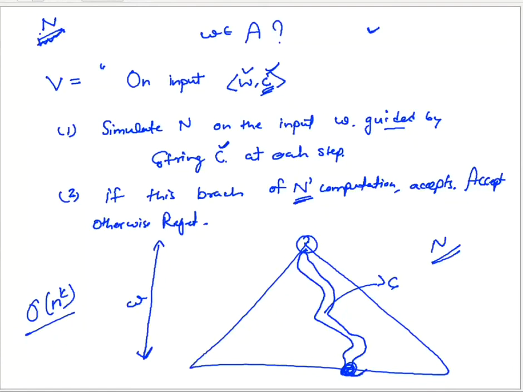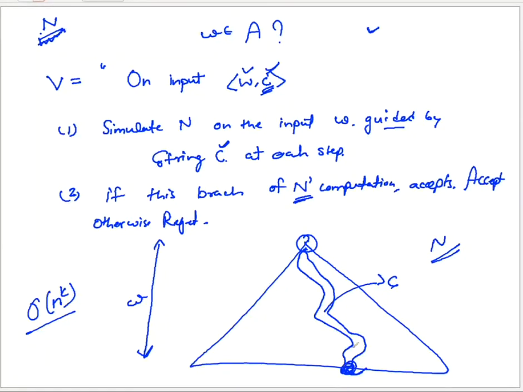How do we decide if this branch accepts? See, what we are saying is that when you have a certificate, you have a guiding mechanism to reach some configuration, right?